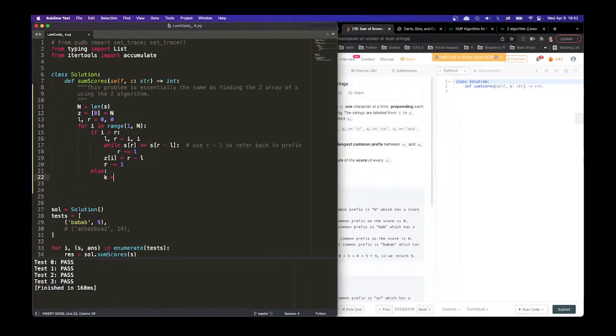So we find K equal to I minus L. This is the location, the index in the prefix that corresponds to I, right? And then we need to find ZK. ZK is at this position going forward, how long it is. And then we say if ZK is smaller, should we say smaller or equal to?